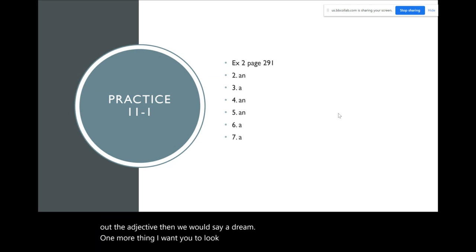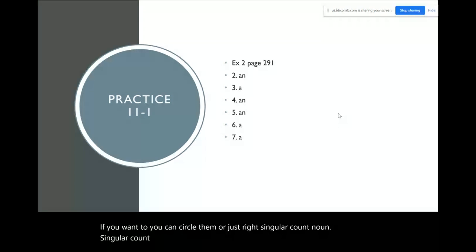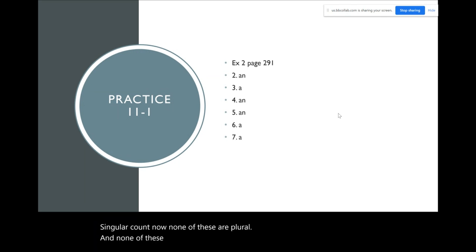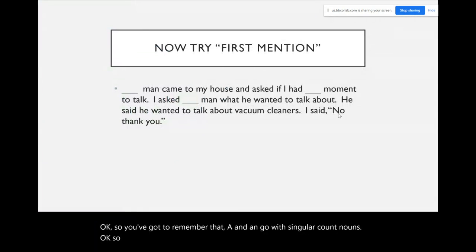All of these nouns, you can circle them or just write singular count noun. None of these are plural. So you've got to remember that a and an go with singular count nouns. So there's your articles.